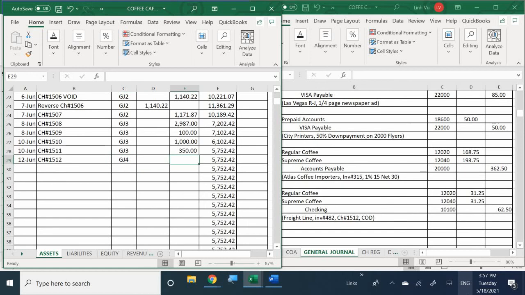And I continue to take money away from my company, right? I wrote a check for $62.50 to now bring my bank account balance to $5,689.92. All right.